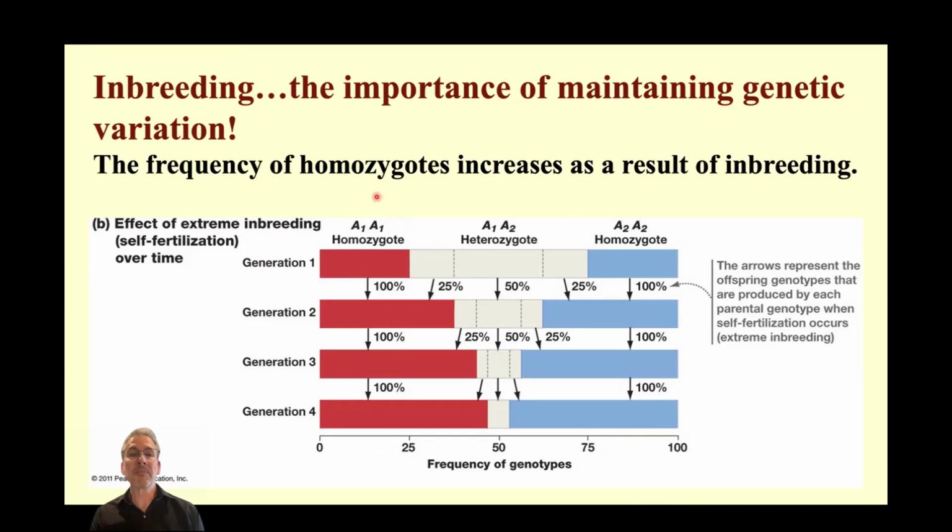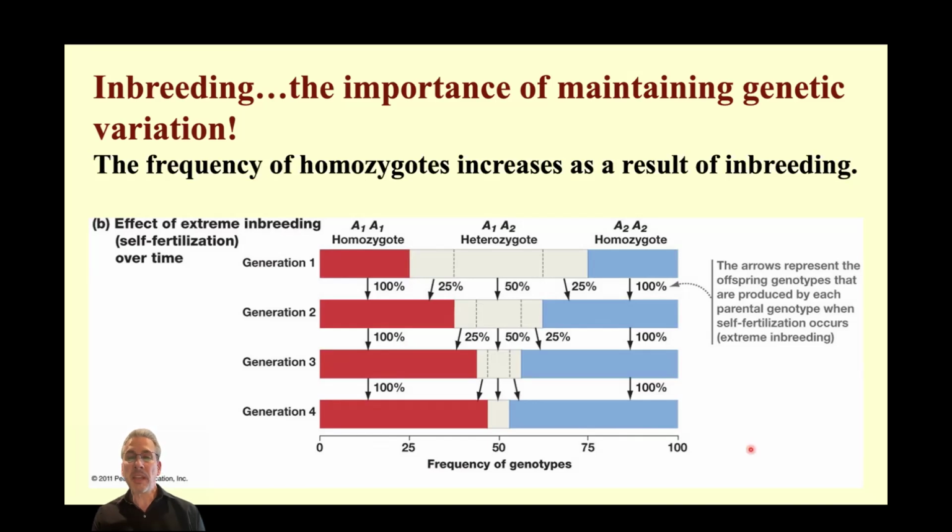So if you happen to be an individual that's homozygous dominant, well, all of your offspring will also be homozygous dominant, right? Same thing with homozygous recessive. And adding to that, if you're heterozygote, well, about half of your offspring will be heterozygous, but then roughly a quarter will be homozygous dominant, and some would be homozygous recessive. So you see how generation after generation that increases homozygosity in populations.